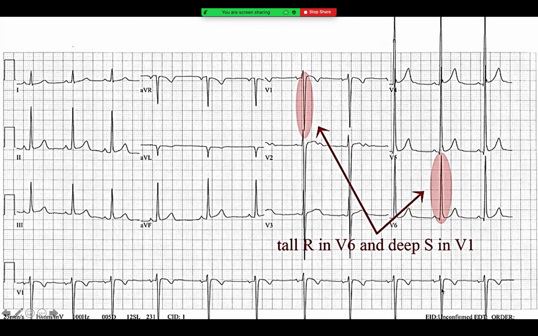So it is left ventricular hypertrophy criteria. Rest, axis-wise, it seems fine. Rest all is good. So what should you think of? Coarctation of aorta.